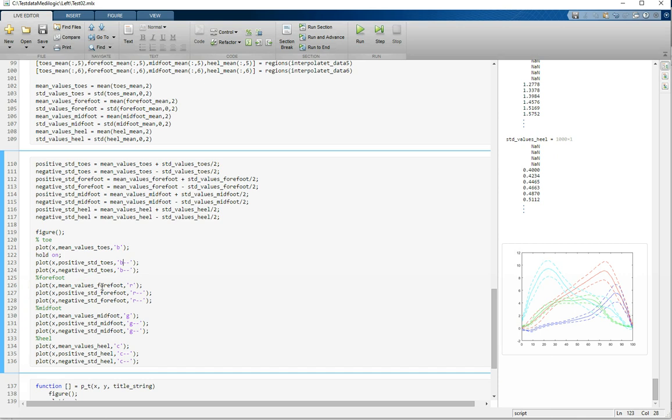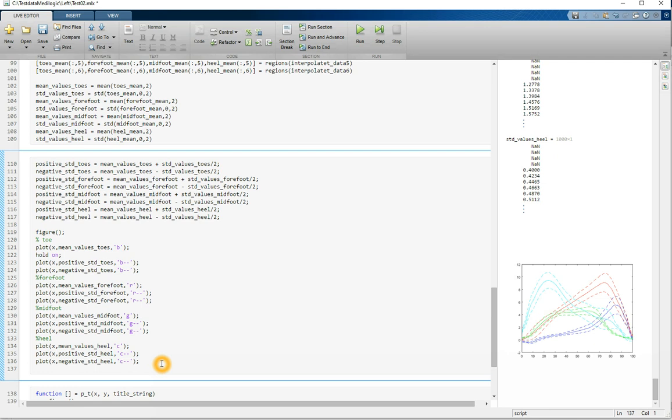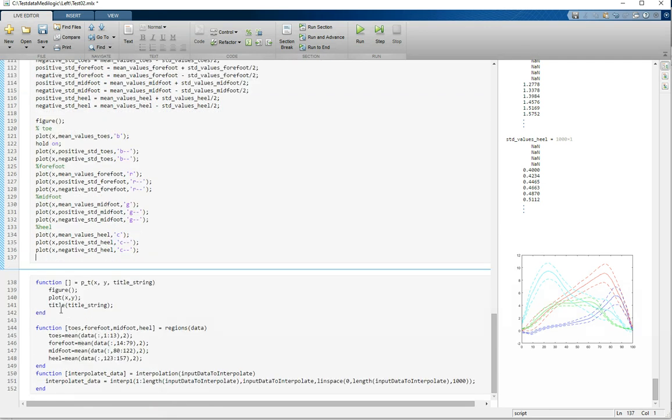And so I'm plotting the forefoot, the midfoot, and the heel region. What we need now is a title: Example result, keep in mind it's the left foot.